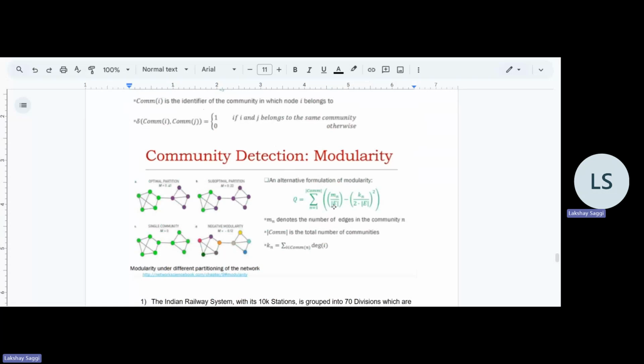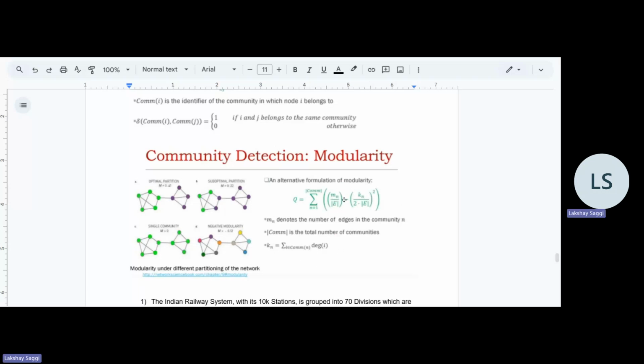So this term mn divided by the total number of edges in the graph, minus kn divided by 2 times the number of edges, whole square, where kn is just the summation of degrees of all the vertices present inside the community. The degree is with respect to the whole graph.